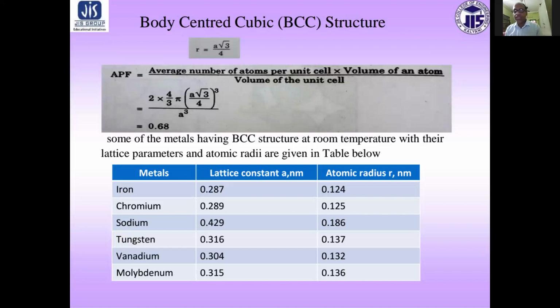For sodium, it is 0.429, and atomic radius is 0.186. Tungsten lattice constant is 0.316 nanometer, and atomic radius R is 0.137. In case of vanadium, lattice constant is 0.304, and the atomic radius is 0.13. Molybdenum lattice constant is 0.315 and atomic radius is 0.136.